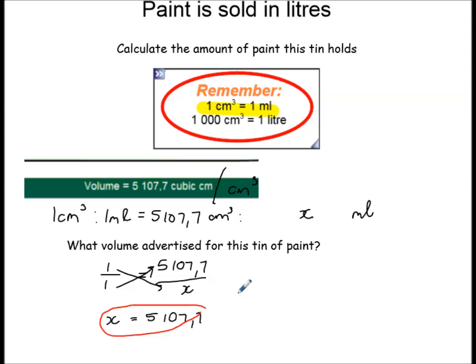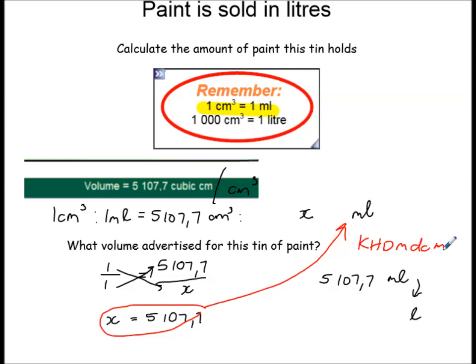You need to go back and check your units. The X we were looking for is milliliters. So I now have 5,107.7 milliliters. I've got to change that to liters. Remember King Henry? King Henry died miserable death called measles.